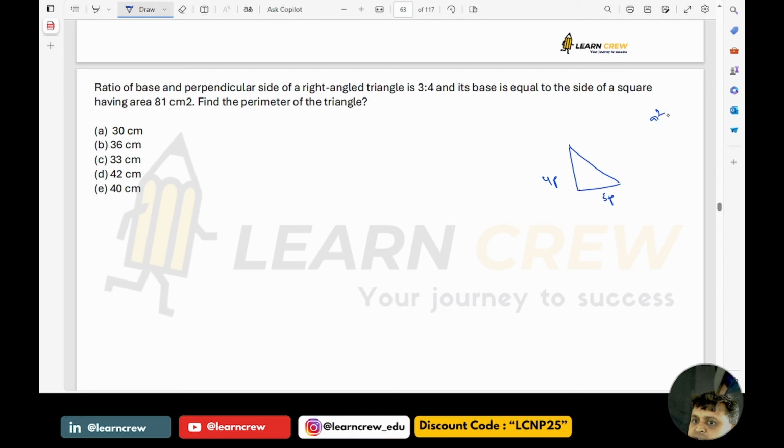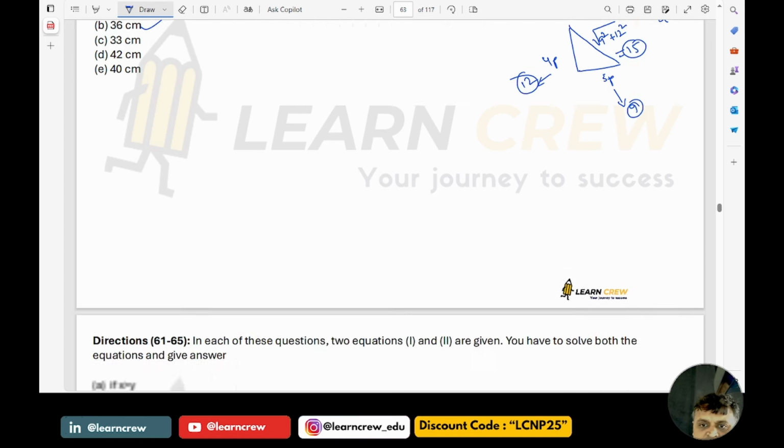Square area 81 means side would be 9. So 3 parts is 9. So 4 parts would be 12. Find the perimeter. The hypotenuse is root of 9 square plus 12 square, which is 15. So 15 plus 9, 24. 24 plus 12, 36 is the perimeter.